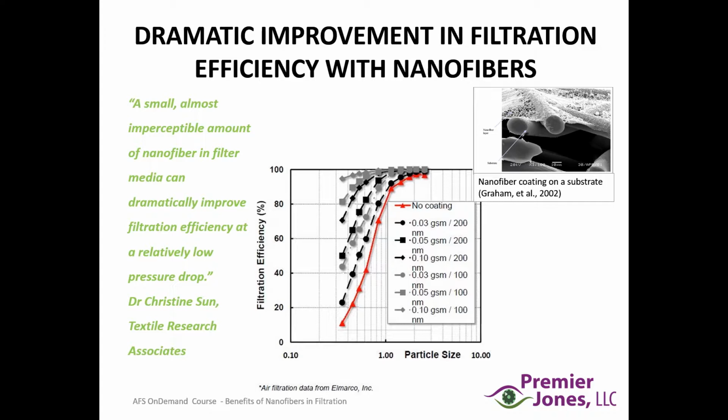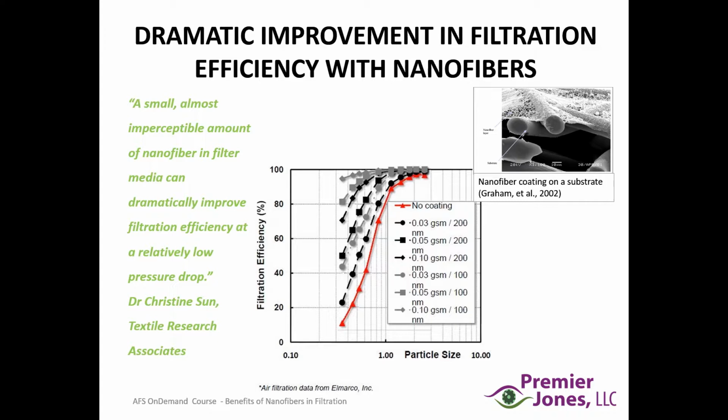Then, a line next to it with solid black circles shows the filtration performance with only 0.03 GSM of 200 nanometer media. Reading the chart at a 40% efficiency, notice that the size of the particles captured are smaller with the nanofibers present. Now, observe the line at the far right for 0.10 GSM of 100 nanometer media.